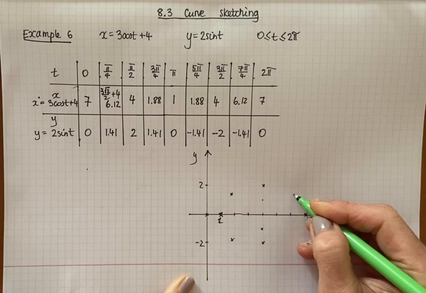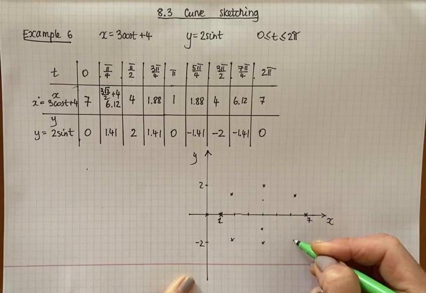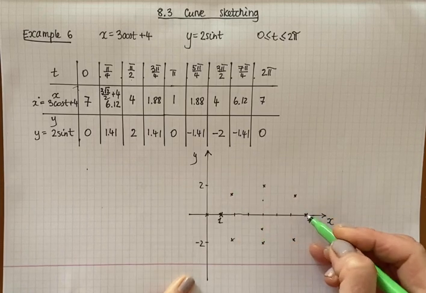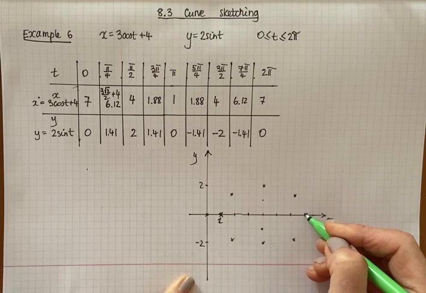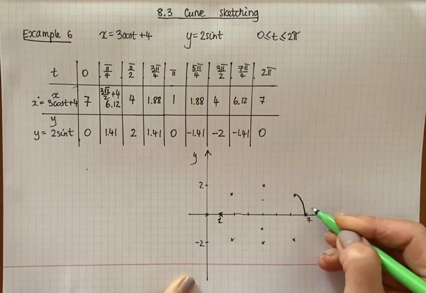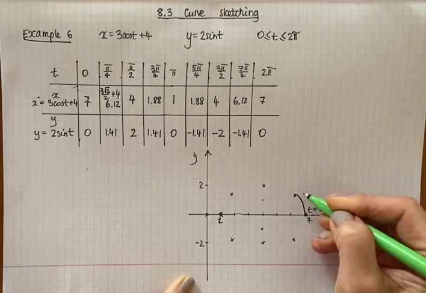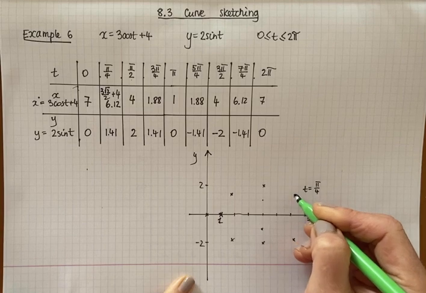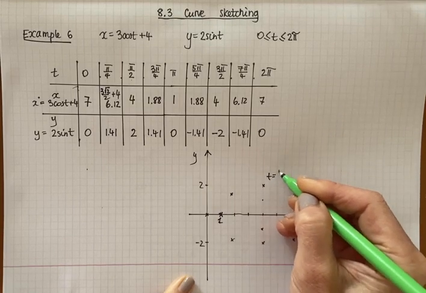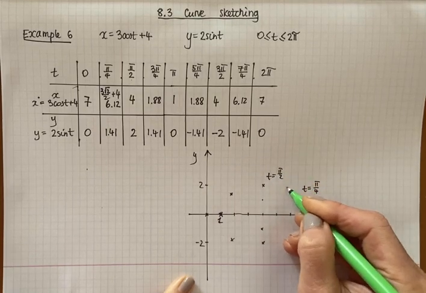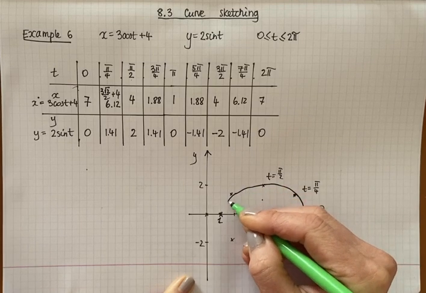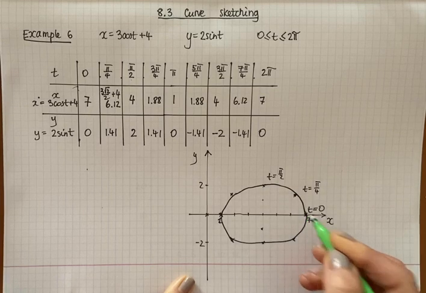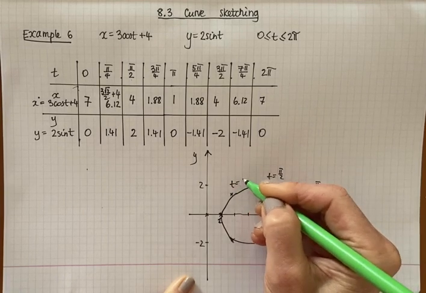And then you've got 6.12 and 1.41. Okay, so we're moving from 7, 0. Then we're going to this point. This one was when t is equal to 0. This one was t is equal to pi over 4. This one was when t is equal to pi over 2, etc. So you get a squashed circle, an ellipse. I'm sure your graph is a lot nicer than mine.